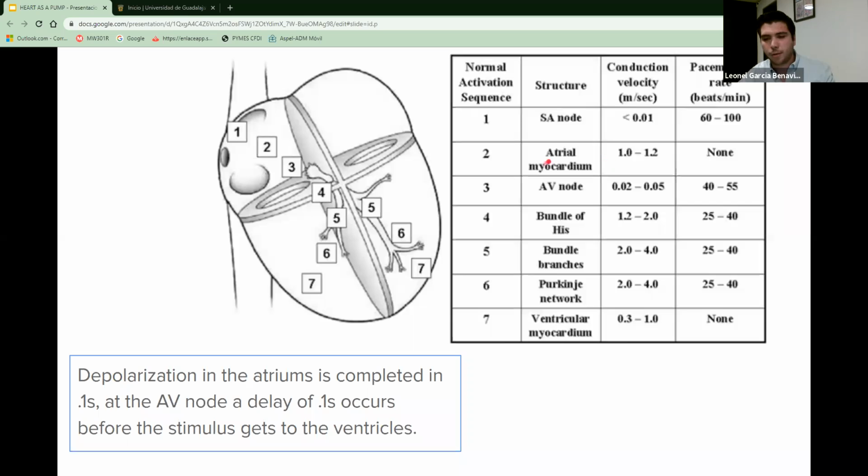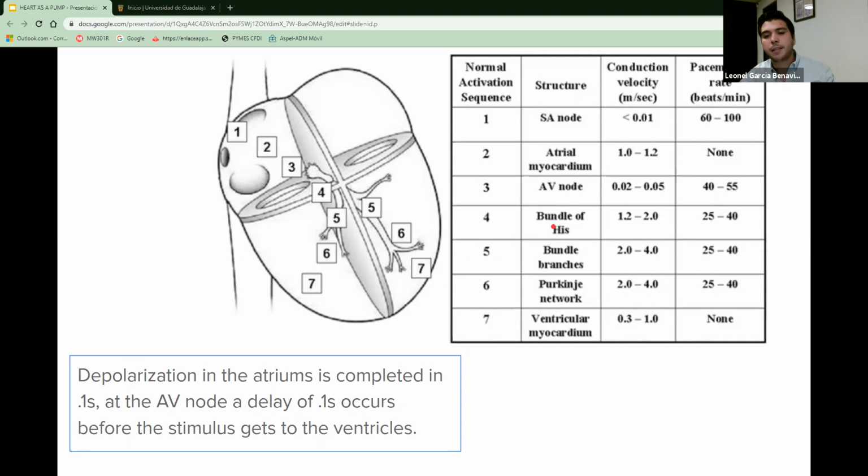I'm sorry, it's going to be slower than the SA node. The AV node has a velocity of 0.02 to 0.05. The bundle of His has a velocity of 1.2 to 2. The different branches of the bundle of His have pretty much the same velocity. Then we get to the Purkinje fibers, which have almost the same velocity.